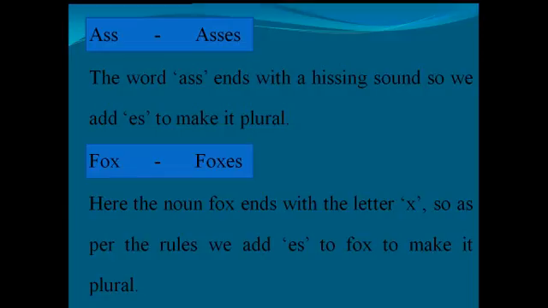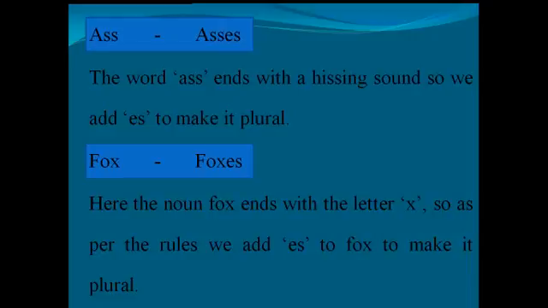Again here I am placing in front of you the word ass. The plural of ass is asses. The word ass when pronounced ends with a hissing sound. So as per the rules we saw, we are just adding ES to make it plural.